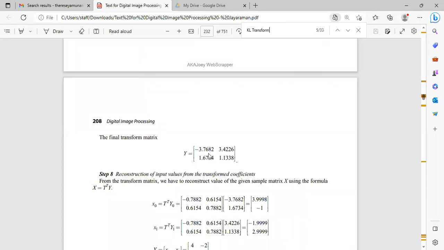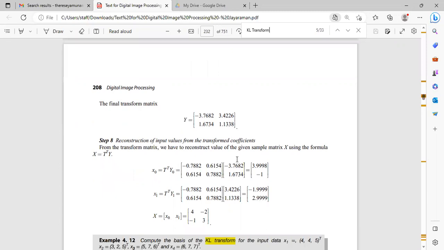Your input was -4, 3, 1, 1. Is it correct? Sorry. This is your transform matrix. This is the KL transform matrix. Now, to perform inverse transformation, you have to multiply it by the transpose of the transform.